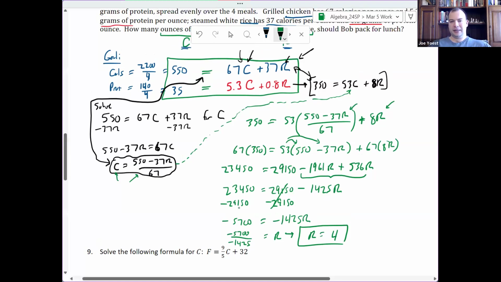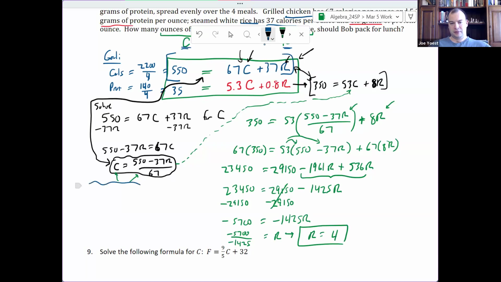Now we can come back up and we can use either equation or any of our previous equations. Let me go back to blue. Let's use equation 1 here for the calories. So we now have that 550 equals 67 times the number of ounces of chicken, which I don't know yet, plus 37R, but R is 4.